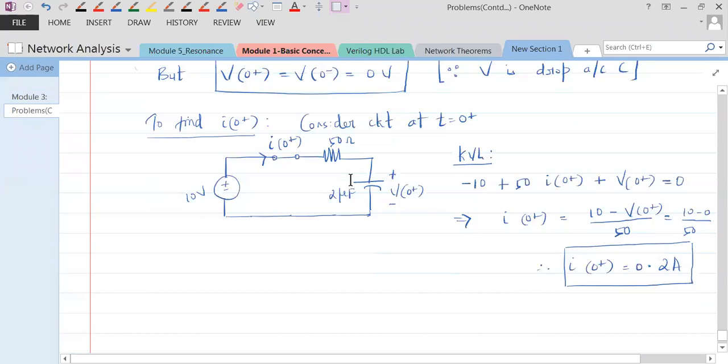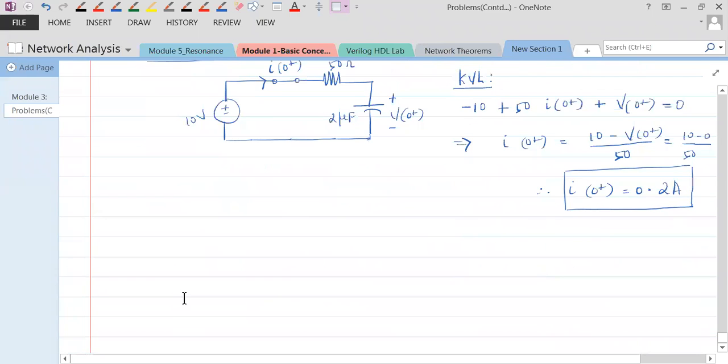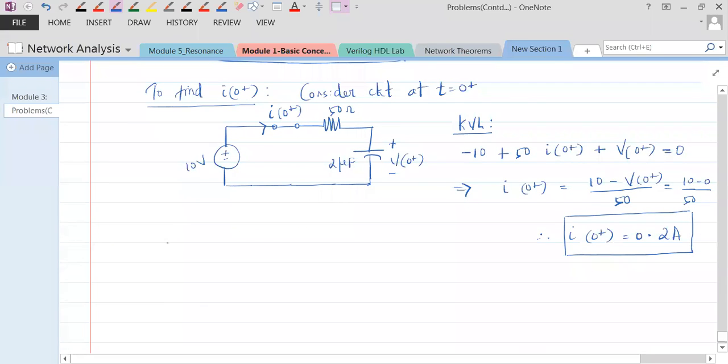Now what we need to do? We need to find the first order differential and the second order differential. So what we need to do is apply KVL to find di by dt and d square I by dt square at t equal to 0 plus.